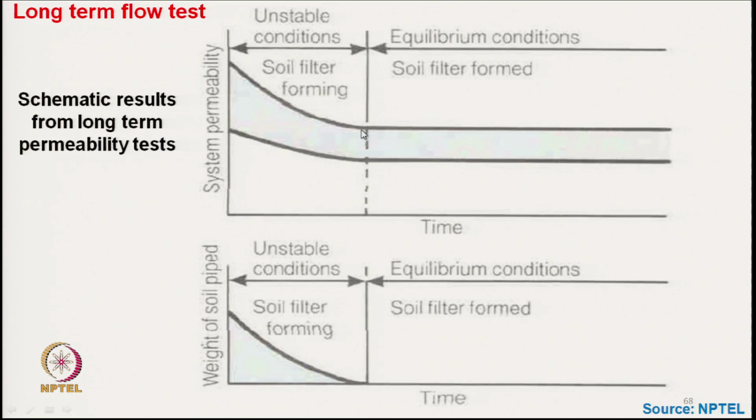That is shown by this horizontal line, which shows there is no change in permeability, and that is how the long term flow condition is maintained, and this is done using the gradient ratio test also.